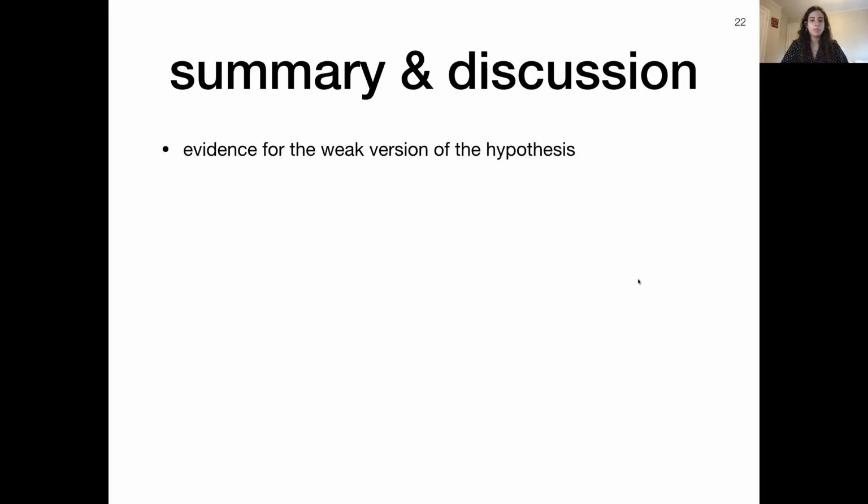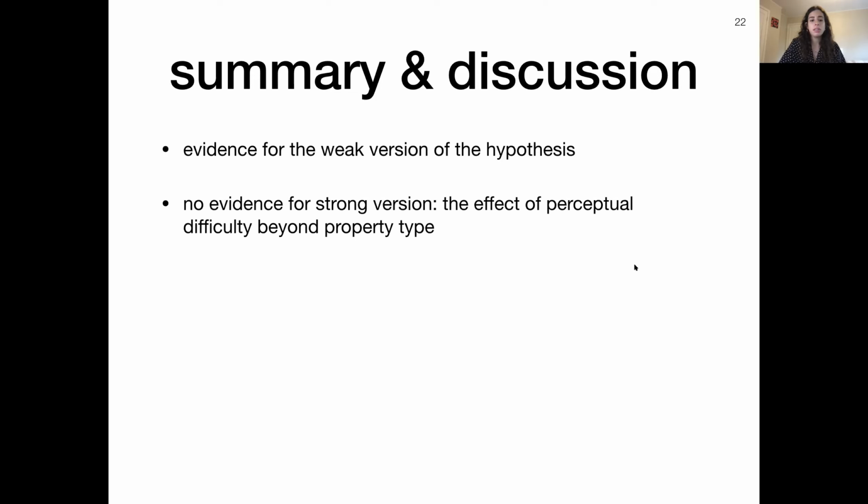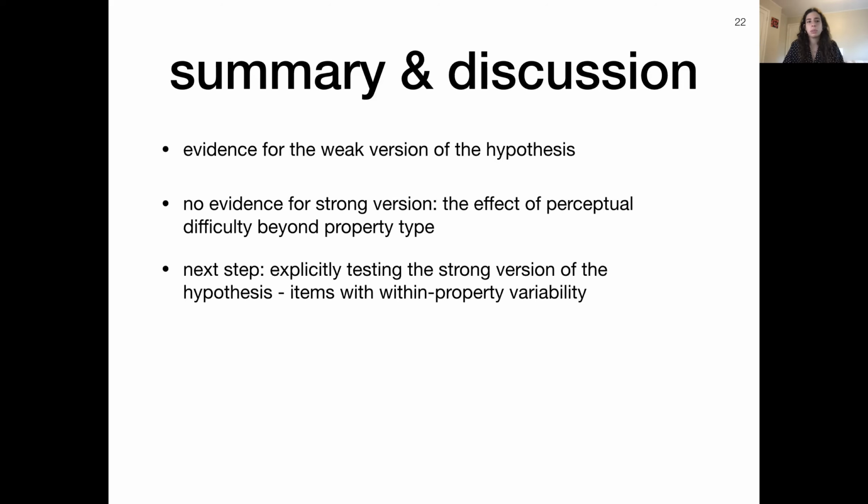Experiments 1 and 3 both provide support for this hypothesis, since in both experiments, color adjectives generally resulted in lower error rates and lower response times than materials. The analysis of the data set we collected so far doesn't provide evidence for the effect of perceptual difficulty beyond property type. And one avenue of future work is to more explicitly test the strong version of the hypothesis.